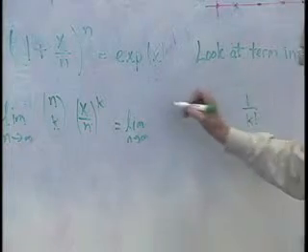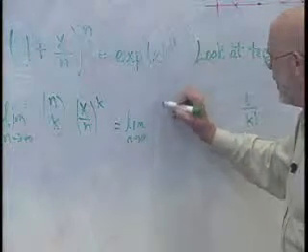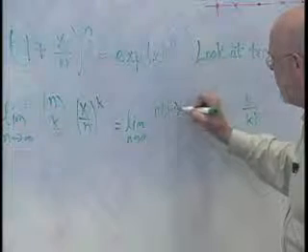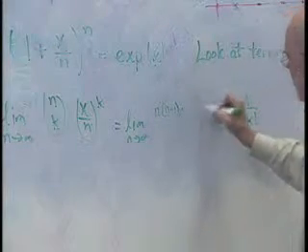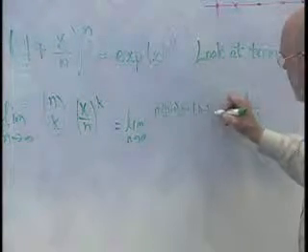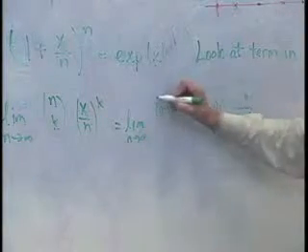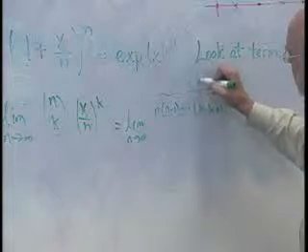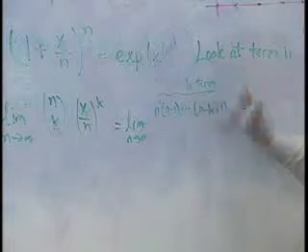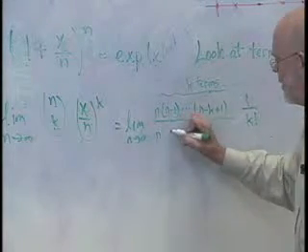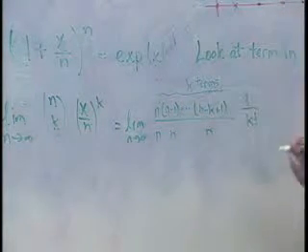And then the n factorial over n minus k factorial, I'm going to write as n times n minus 1 times dot, dot, dot times n minus k plus 1. Fair enough? There are k terms here. And I've got k factors of n in the denominator.